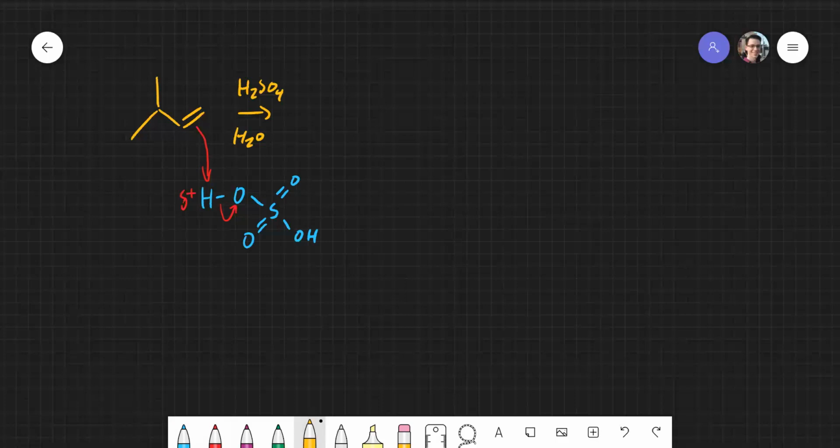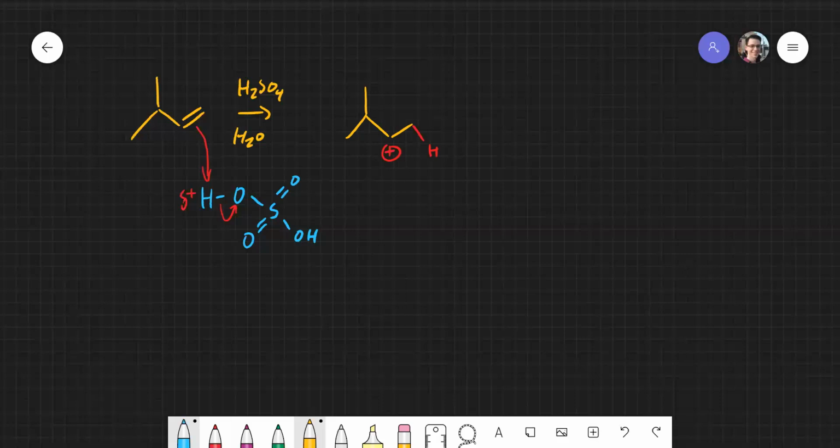That's going to end up producing, I'm just going to draw this new hydrogen in red so that you can see where it's going. Forming our carbocation. So this is going to be a secondary carbocation. According to Markovnikov's rule, the primary carbocation would be higher in energy, it would be less likely to form.